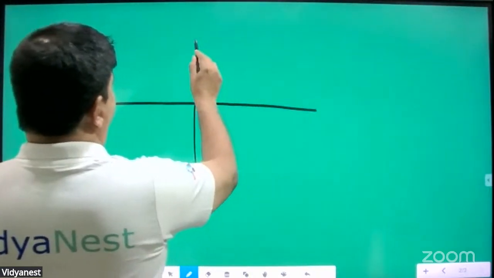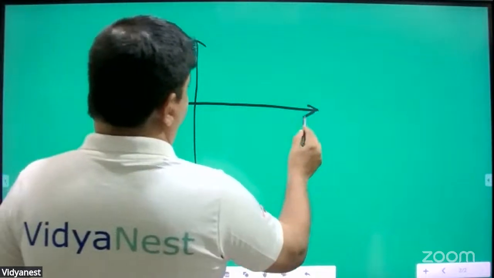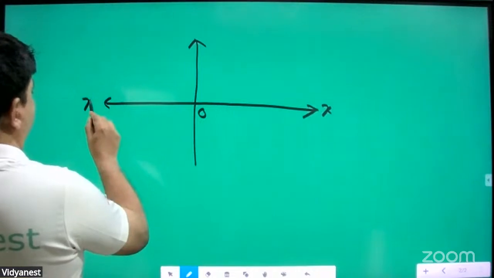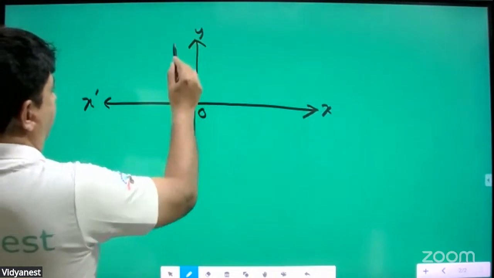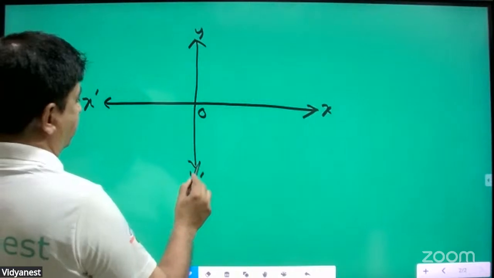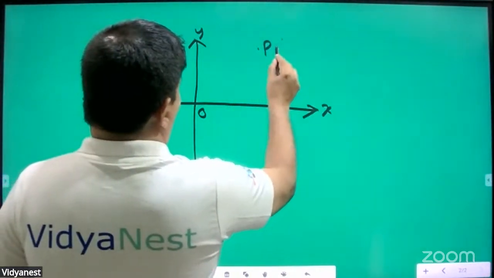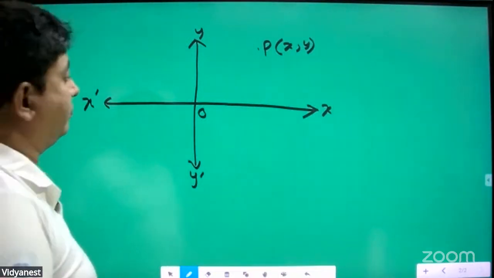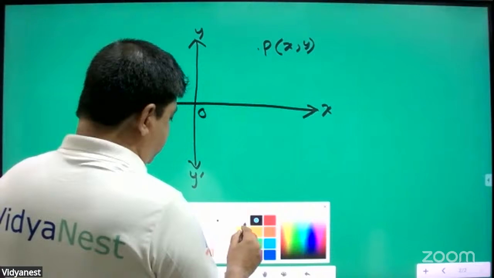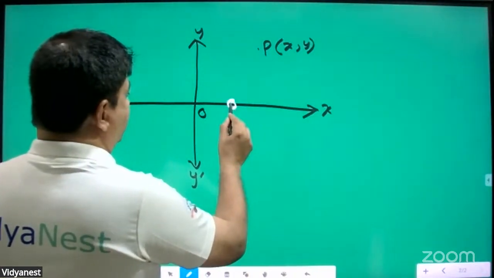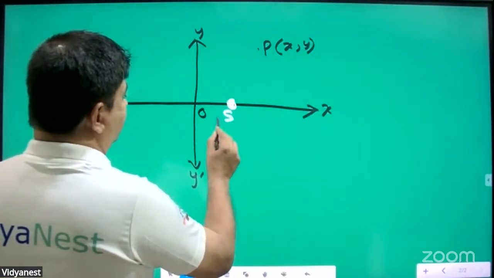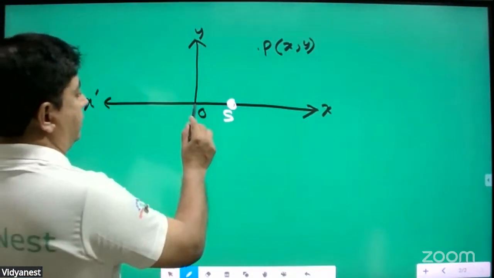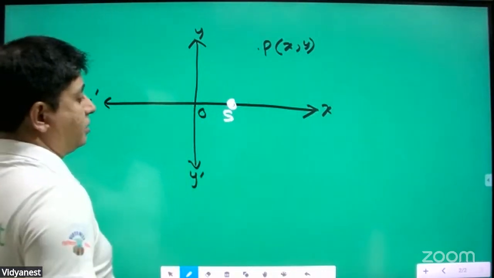Let us take the coordinate plane x, x dash, y, y dash. There is a variable point P having coordinate xy. Now, on x-axis, there is a fixed point S. That S point is called focus.